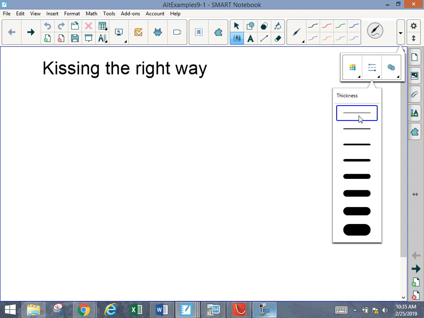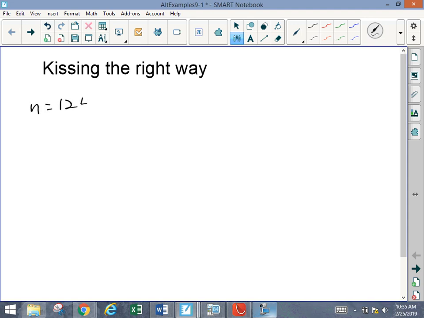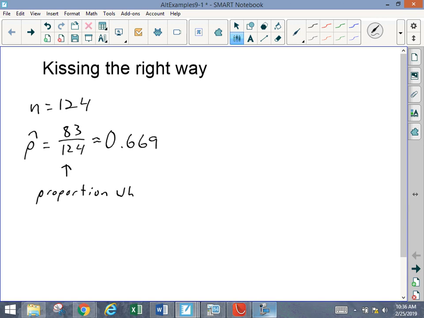In a study, a researcher observed a random sample of 124 kissing couples and found that 83 out of the 124 tilt their heads to the right. So we have p-hat, the proportion of couples who tilt their heads to the right.